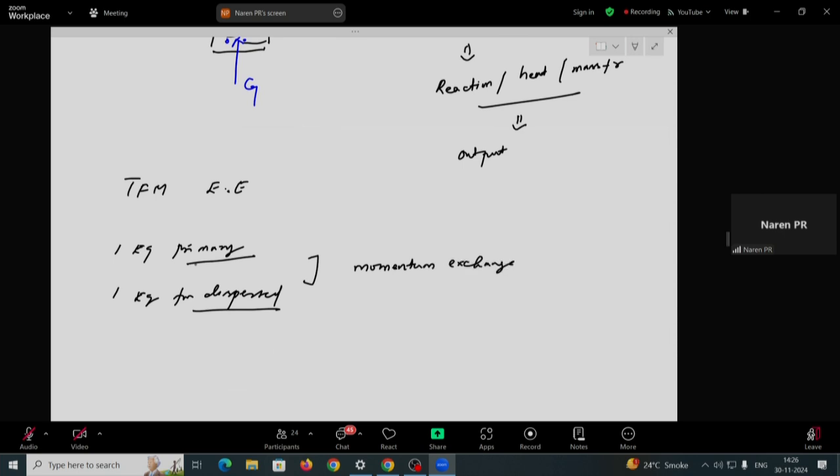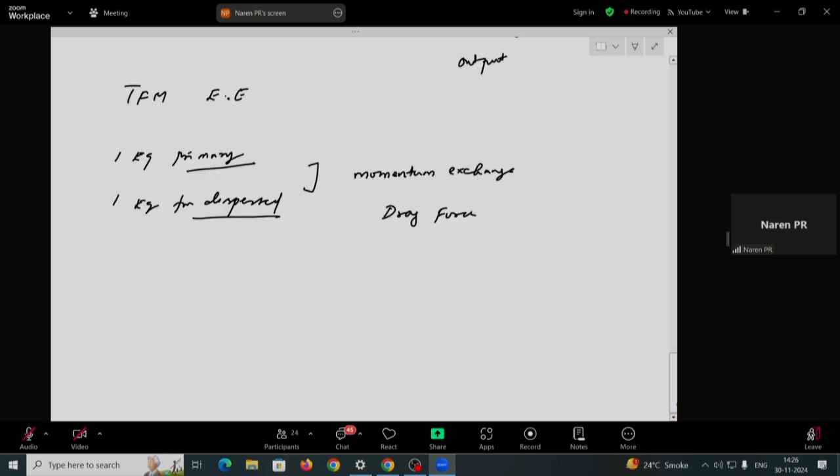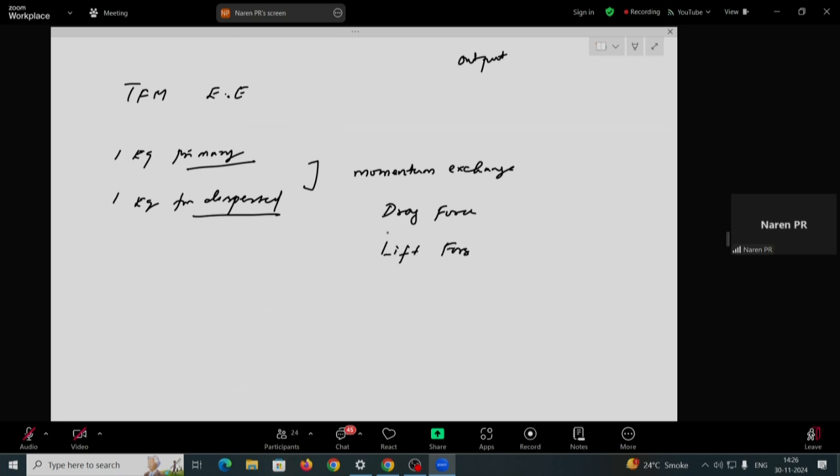Now, we have known these factors for a long time, but not by this name. For example, drag force. Drag force is one type of momentum exchange factor. There are other such forces also, something called lift force, Basset history force, and so on and so forth. So these are nothing but interaction terms.